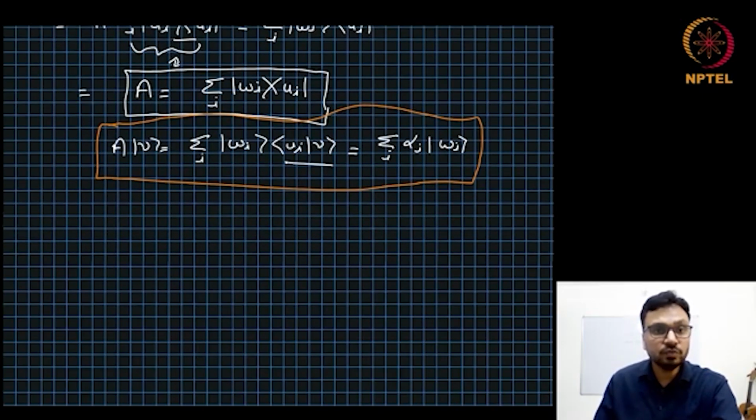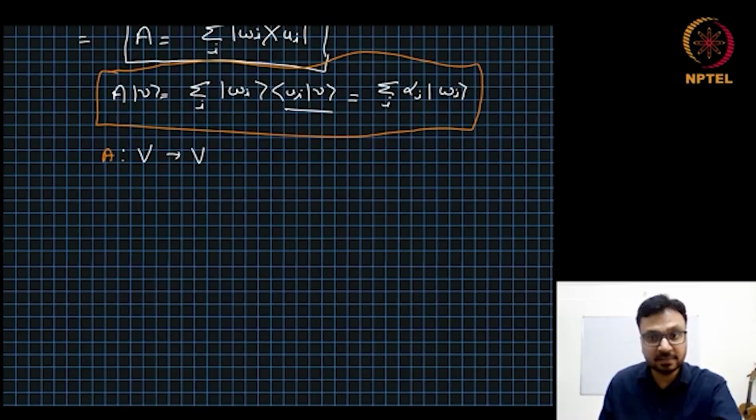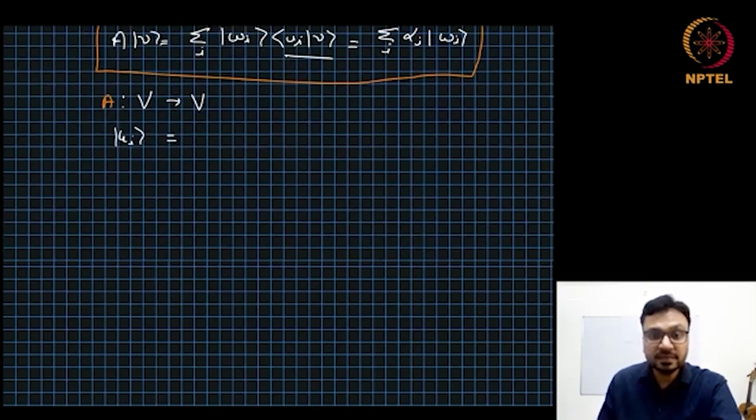Okay, so to find the matrices, let us take a simple case. Let us say A is acting on V and giving the vectors of V. It means V1 and V2 are both the same linear vector space. It will work for anything, but let us take the simpler case. Let us say the orthonormal basis ui is written in the following way.